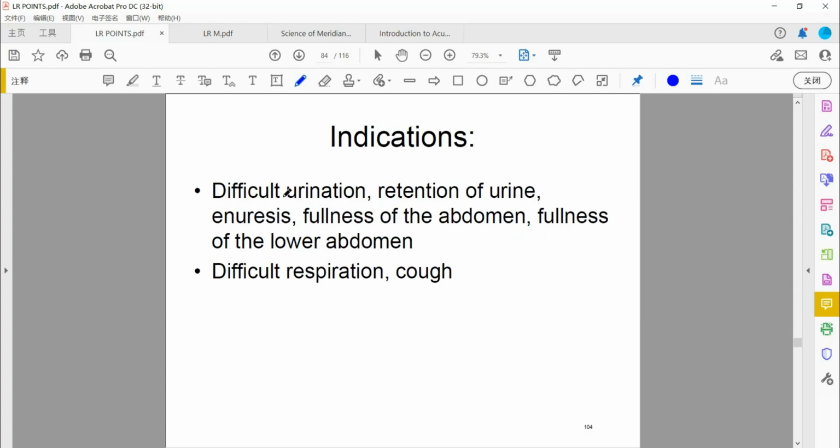So we talk about the lower jiao. Again, we think about difficult urination, retention of urine, similar meaning, enuresis, like cannot control the urine, and the urination. Fullness of the lower abdomen.